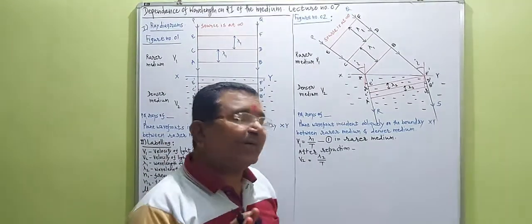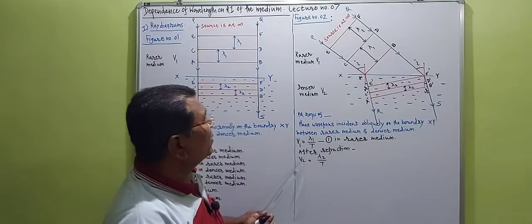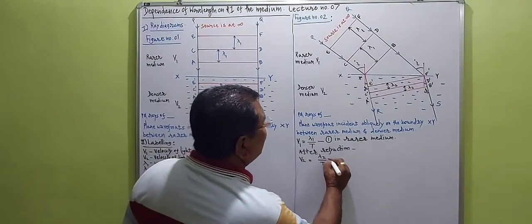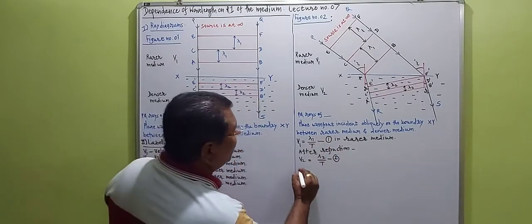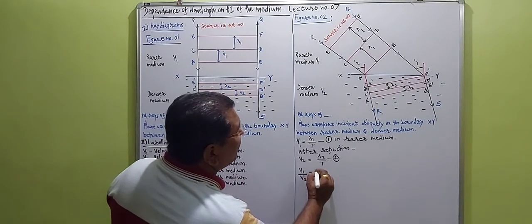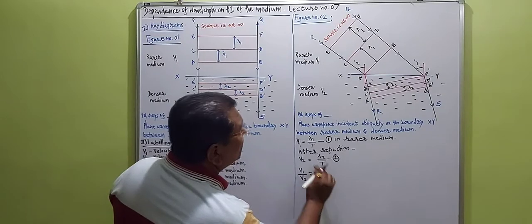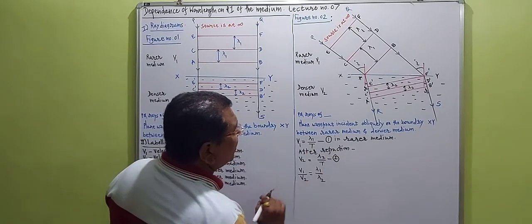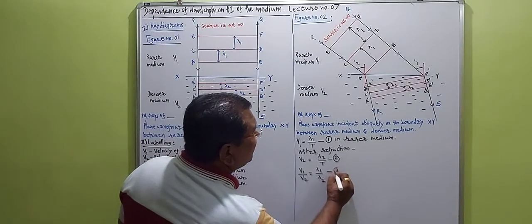For the same time, it covers a distance equal to lambda 2 having velocity V2. This is equation 2. Then comparing equations 1 and 2, we get V1 upon V2 is equal to lambda 1 upon lambda 2. This capital T and capital T get cancelled. And this is equation number 3.